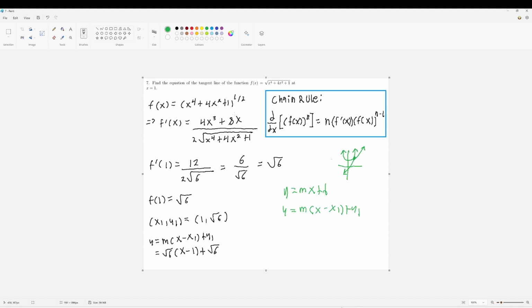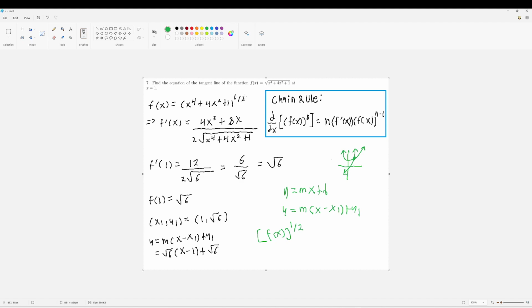So in this case, since we're dealing with the tangent line, we're going to want the slope, which is just the velocity at some point. To find the velocity, we can find the rate of change at that point, which is the derivative. So the first thing we want to do is take the derivative. Since here we're dealing with the chain rule, we have this function inside of another function. We have f of x, and then we have a half.